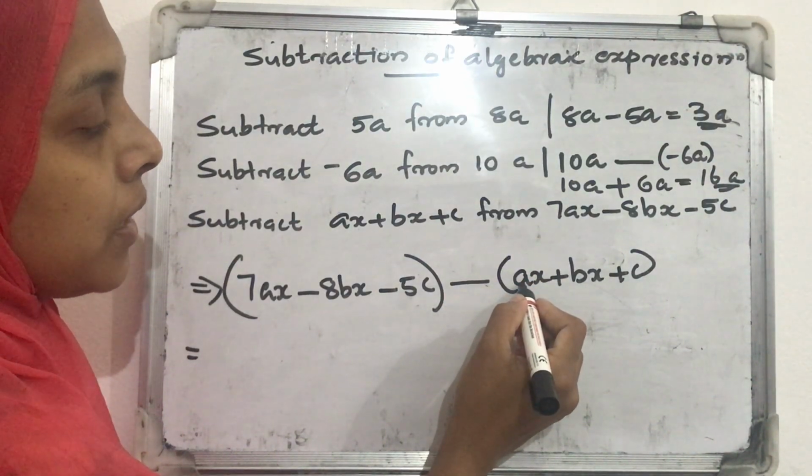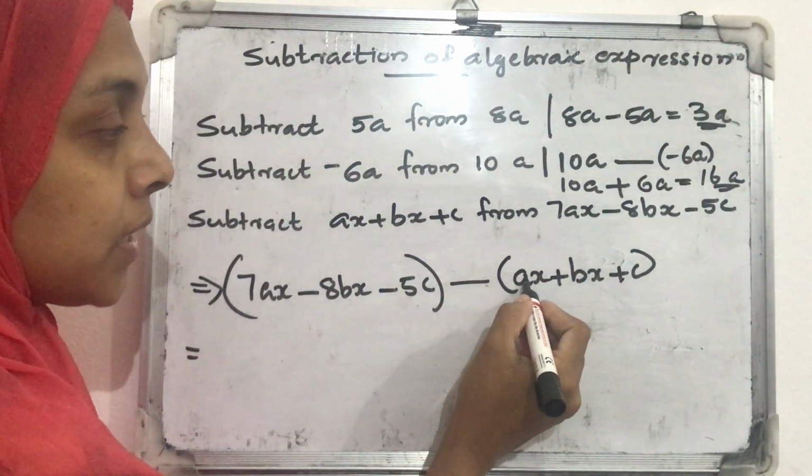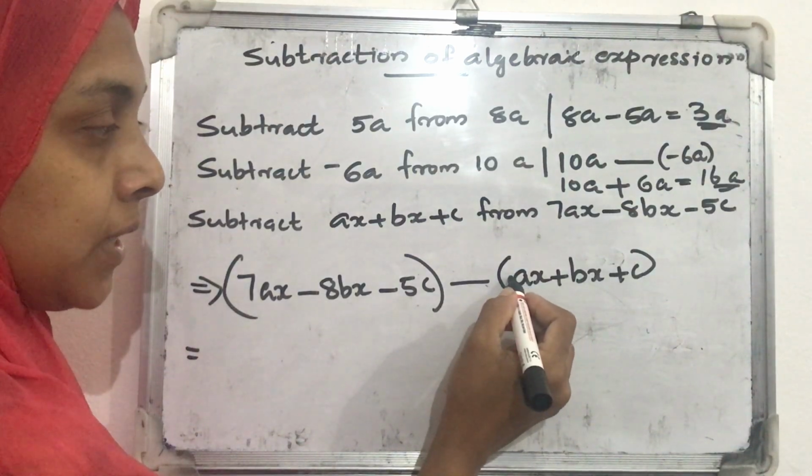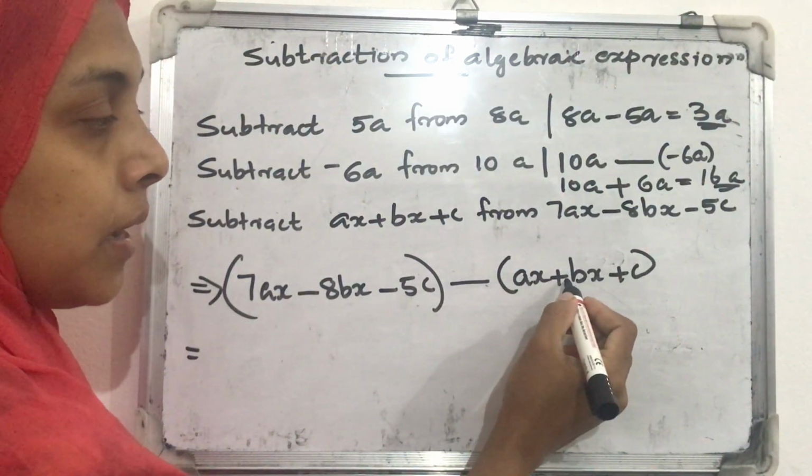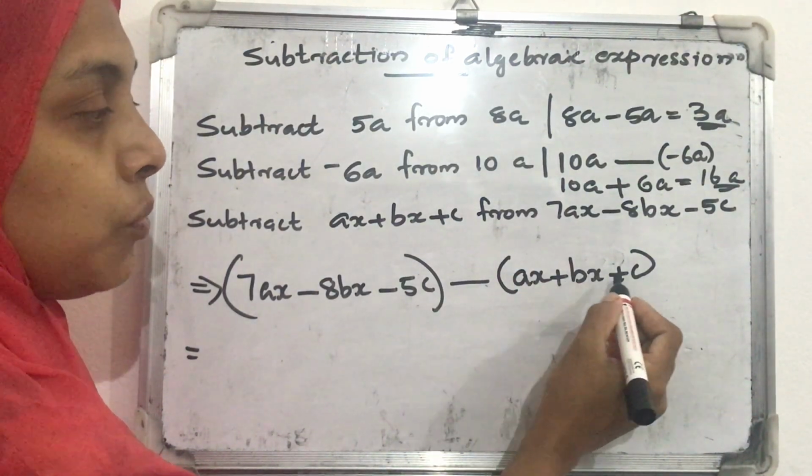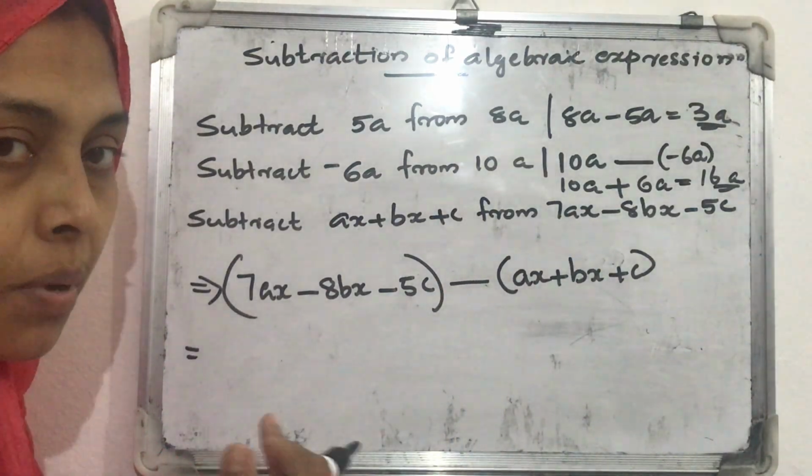What will be the sign here? Instead of ax, its sign will change to minus ax, plus bx will change to minus bx, and plus c will change to minus c.